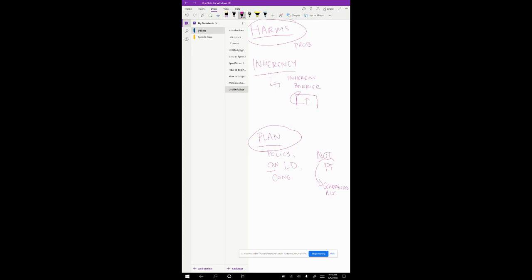So a plan essentially is what you're going to do to fix the problem or the harms. So let's say people are going hungry. That's our harms. Our inherency is that there's not enough money in the budget to fix the problem. Our plan is that we are going to have lunch in the park for anyone.